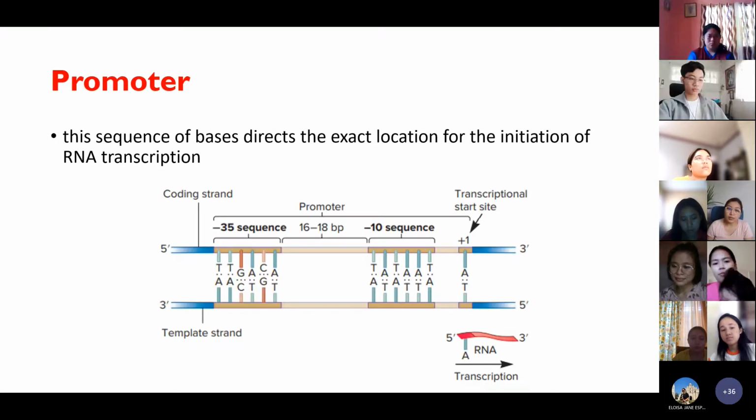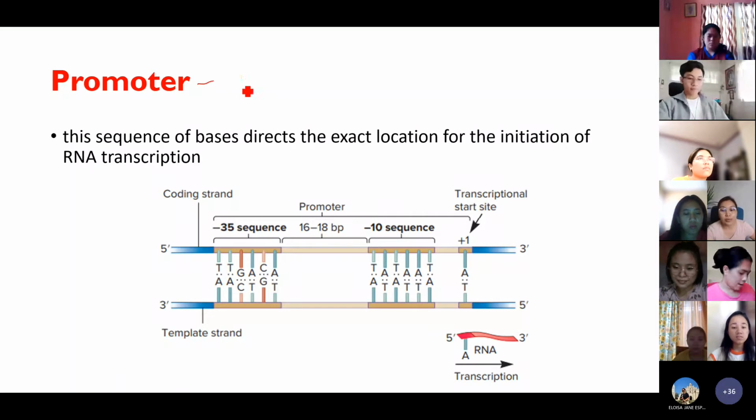So again, let's go back to our promoter. The promoter is the short sequence of our DNA that is necessary to initiate transcription. The type of DNA sequence known as the promoter gets its name from promoting gene expression.